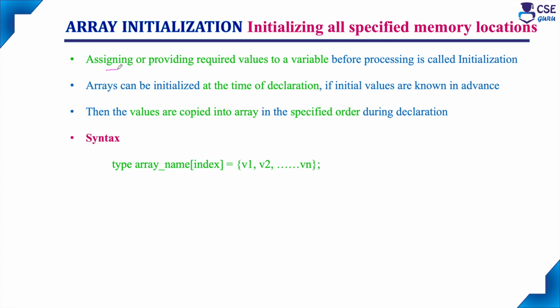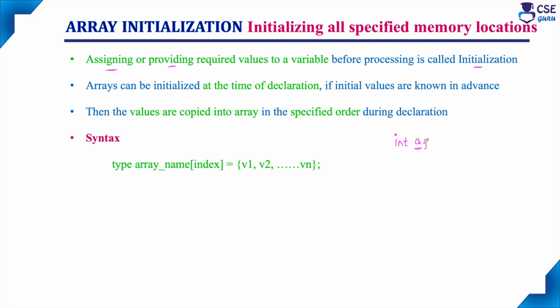That is assigning or providing the required values to a variable before processing is called initialization. So initialization is nothing but assigning or providing the required values to the array variables. This is similar to variable initialization. So in variable initialization, what we will do? First, we will declare a variable, and for this variable, we can assign value, right?